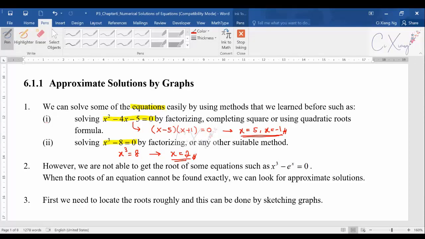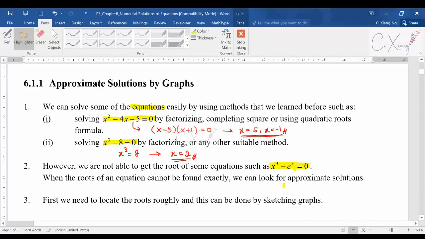But in this world, there are a lot of equations that we are not able to solve, or we are not able to get the root of, by using the methods that we have learned so far. As an example, you can see the equation x power 3 minus e power x equals 0.